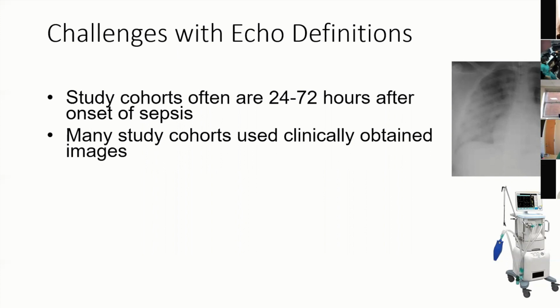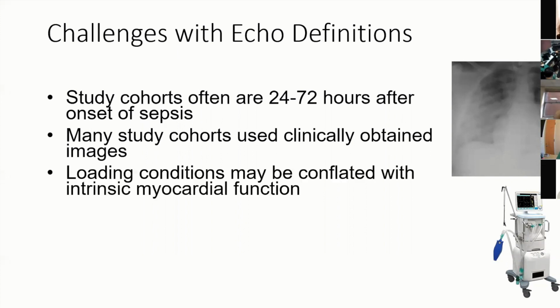Another issue is that if you're using clinically obtained images, you have that same challenge with selection bias. And perhaps even more so, loading conditions often are conflated with intrinsic myocardial function. By that I mean, if someone has really bad ARDS and they are on a ventilator with high pressures, that will stretch out the RV and affect RV contraction.